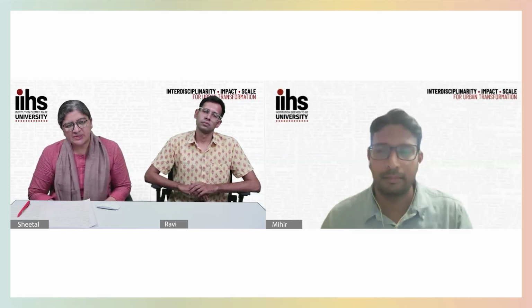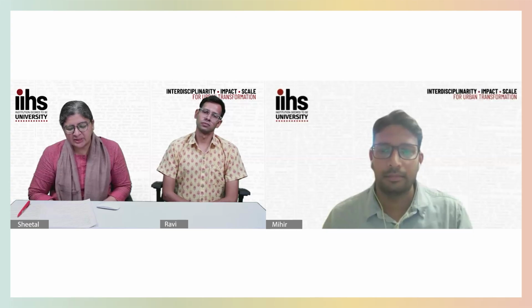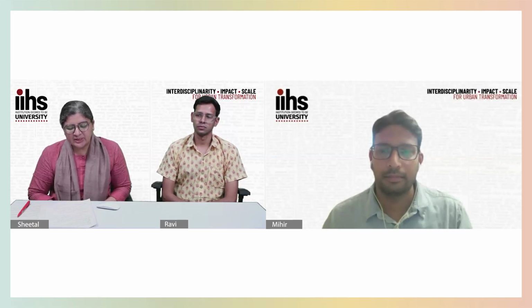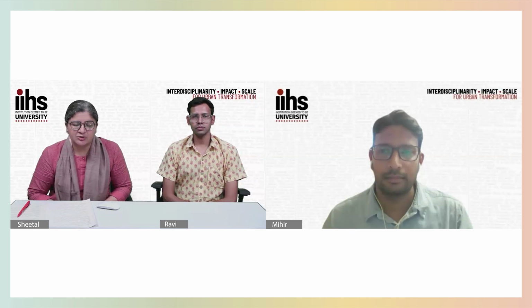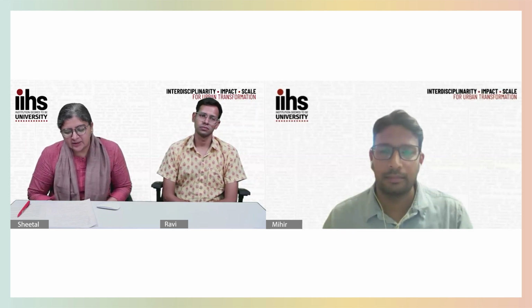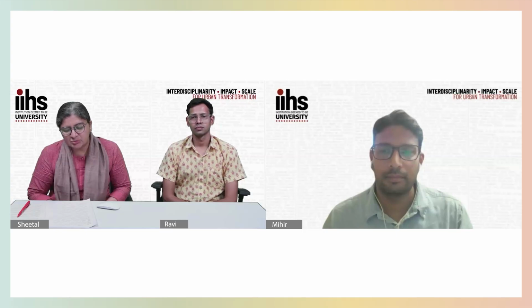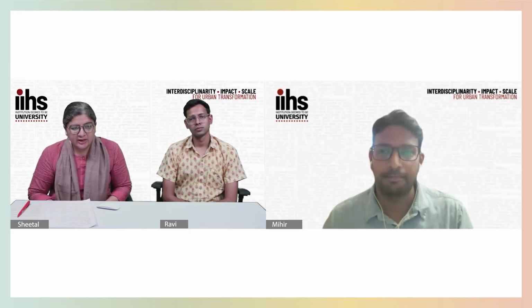He's assistant professor at the School of Environment and Sustainability. Just a line about Mihir: he is an aquatic ecologist who studies patterns of freshwater biodiversity and its underlying ecological and evolutionary processes to develop management strategies for urban freshwater habitats. Along with me, to my left, is Ravi.